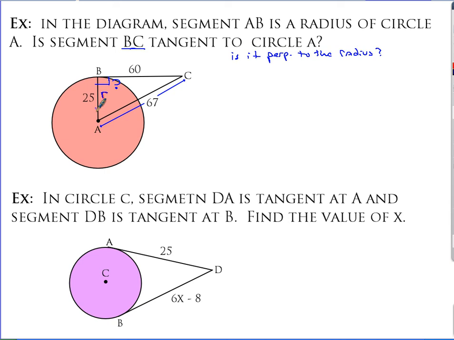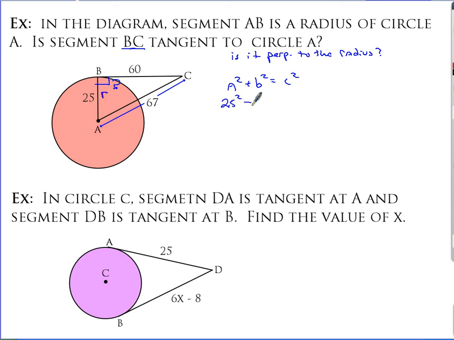So our question is, is this a right angle? I don't know. If it is a right angle, it has to fit the Pythagorean theorem, which would say a squared plus b squared equals c squared. If it is true, that tells us it's a right angle. If it's not true, then we'd say no, that's not a right angle, so that line's not tangent. So what do we plug in for a?